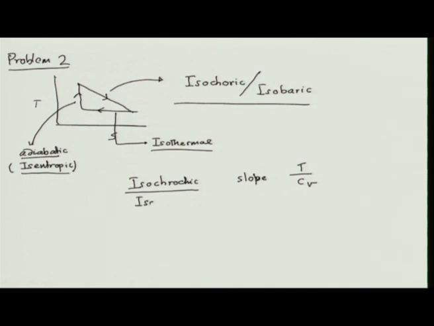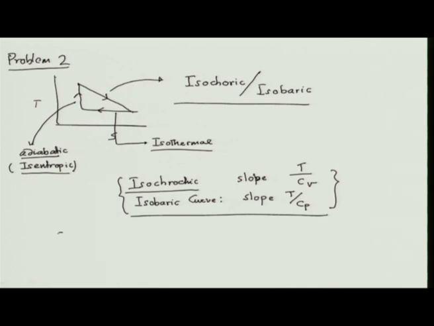Isobaric curve, slope will be T over Cp. Remember, this is with respect to the T-S diagram.